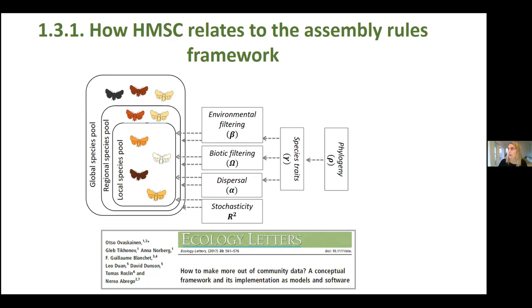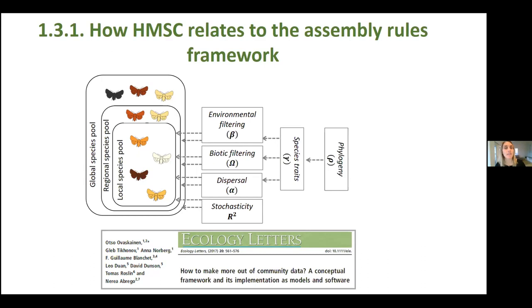So while HMSC is not a process-based model, but a correlative statistical modeling framework, let me remind you that with HMSC we are not directly modeling these assembly processes.